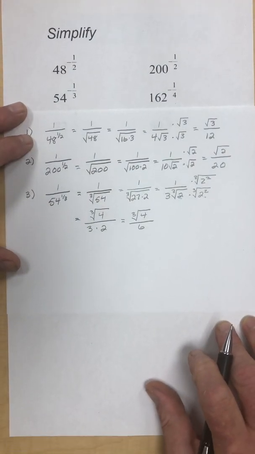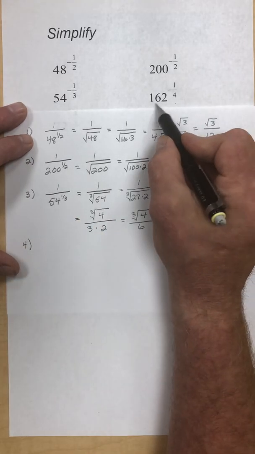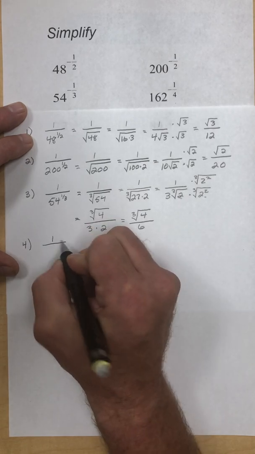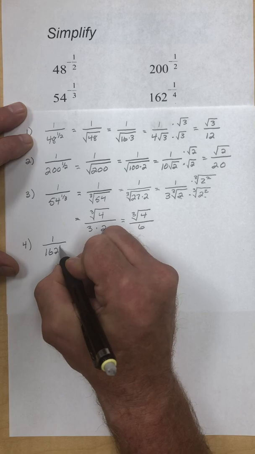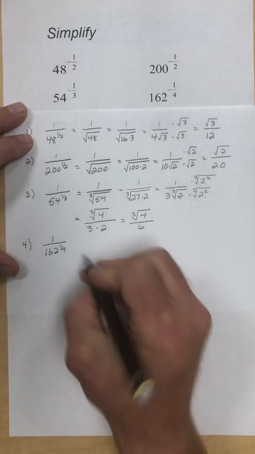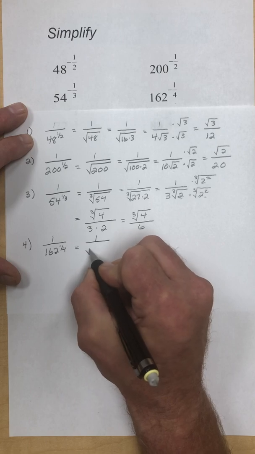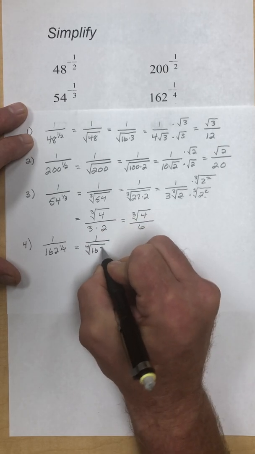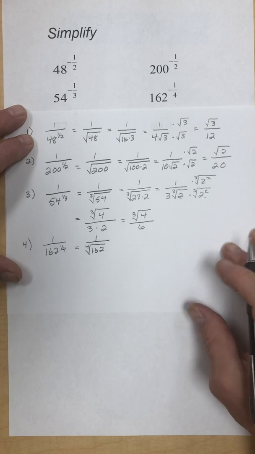Okay, so we're good. So let's go to this next guy. 162 to the negative 1/4 power, that's the reciprocal of 162 to the 1/4 power. So that's the 4th root of 162. Now the largest factor of 162 that's a perfect 4th power is 81.